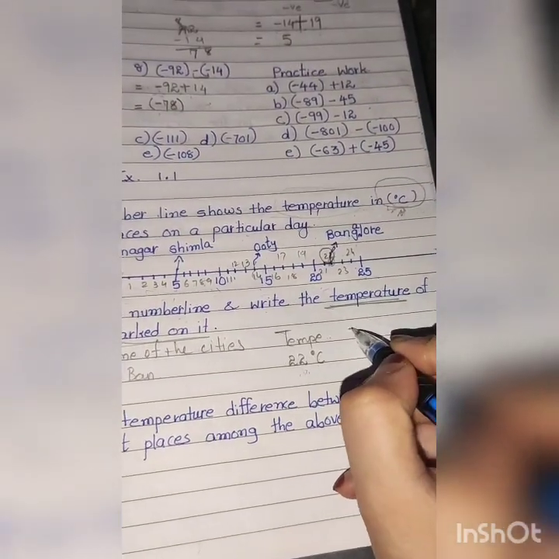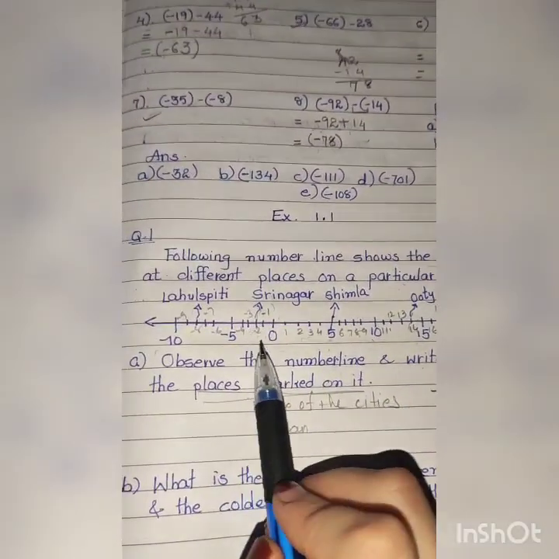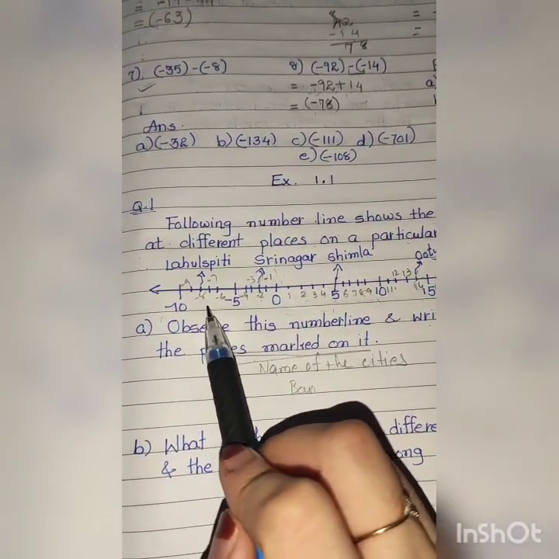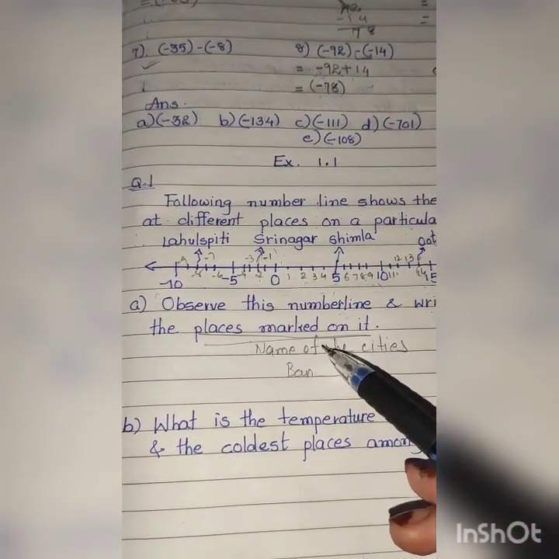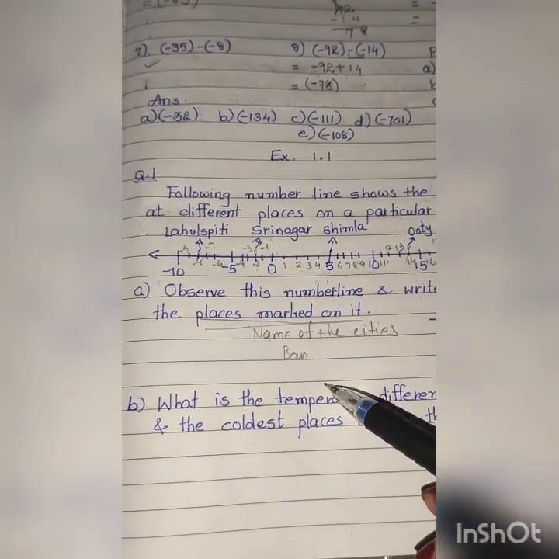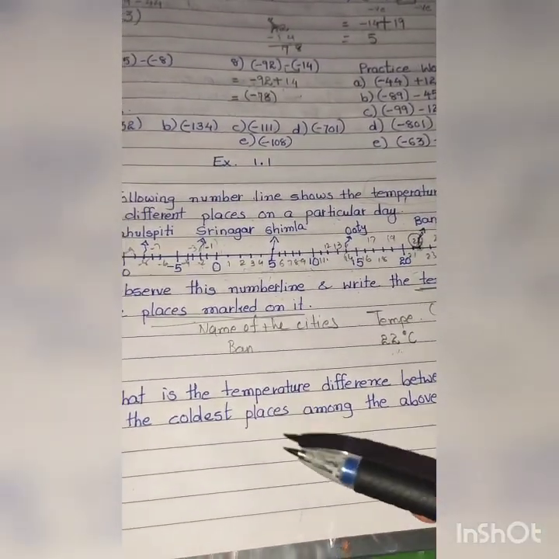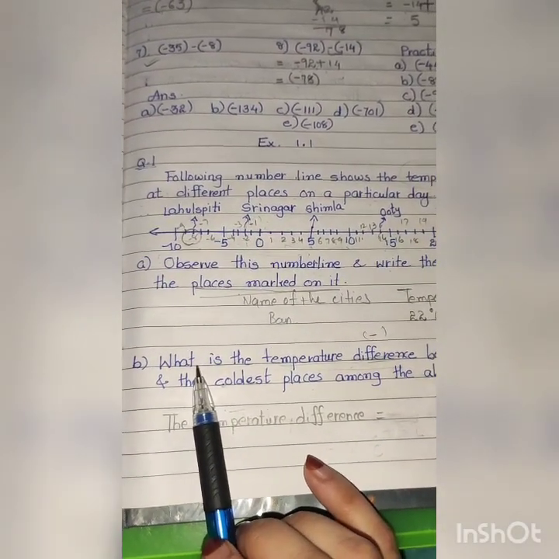So you are going to write in this way, minus 2 degrees Celsius. In a similar way, Srinagar minus 2 and this one minus 8. So in this way you are going to write down the first answer: Bangalore, then Ooty, then Shimla. Likewise you go on. Now let's move to the second question.